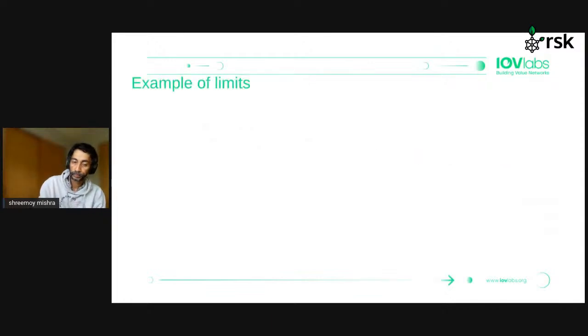For example, there was a very recent talk by the lead developer of Ethereum's leading client, which is called Geth. The lead developer is Peter Szilagyi, and he gave a talk about a week ago.